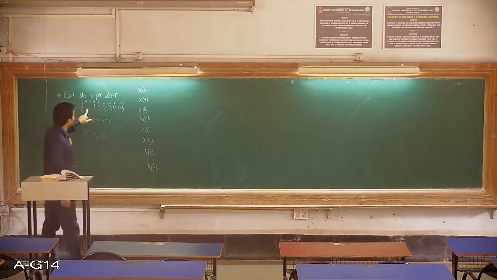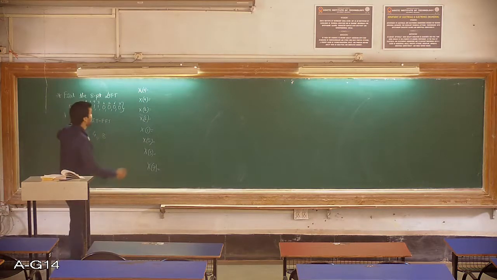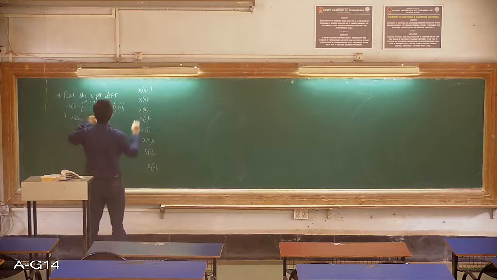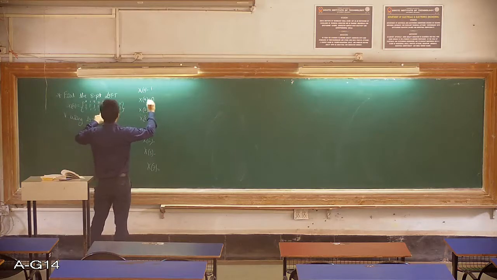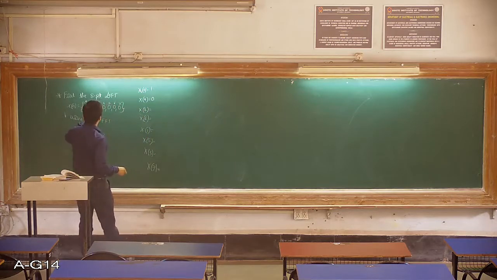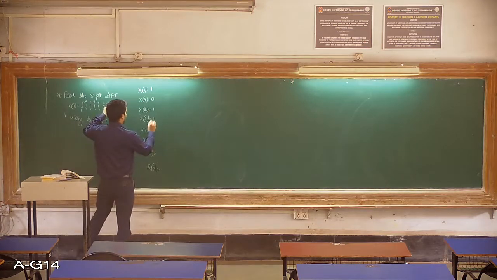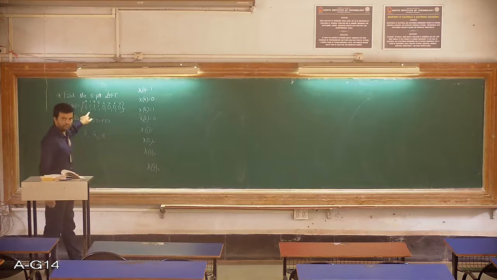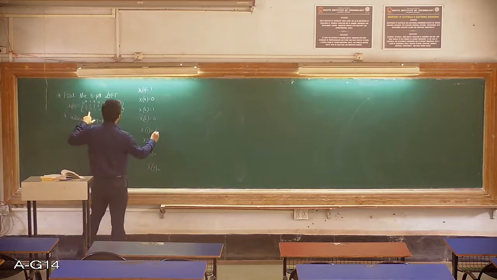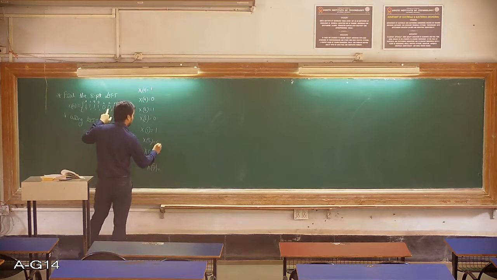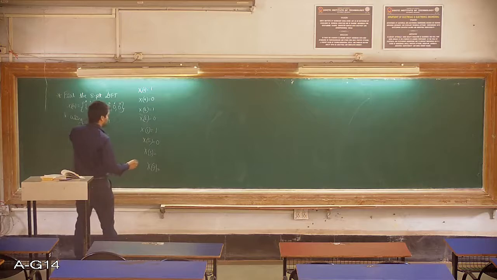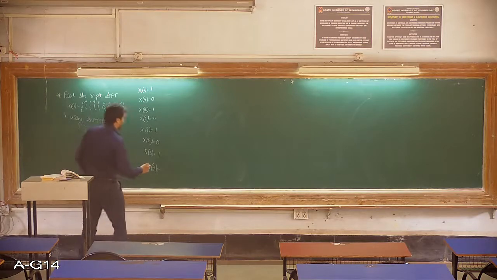What is x of 0? x of 0 is 1, x of 4 is 0, x of 2 is 1, x of 6 is 0, x of 1 is 1, x of 5 is 0, x of 3 is 1 and x of 7 is 0.